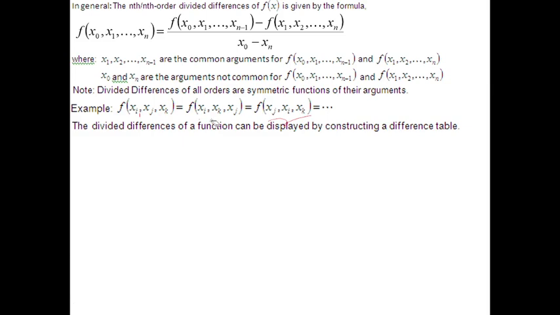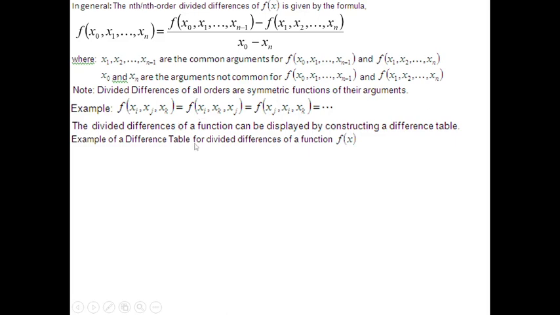Now, the divided differences of a function can be displayed by constructing a difference table. So we can construct a difference table for divided differences of a function.